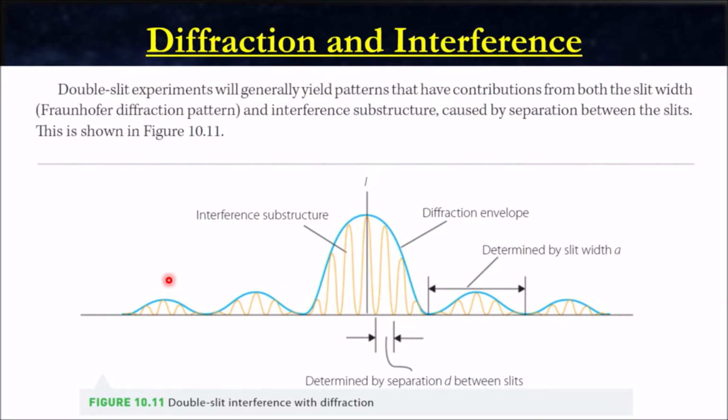If we did a single slit experiment, it would look something like this. And then what we have down here is the double slit interference. You can see it will give you essentially the same shape.